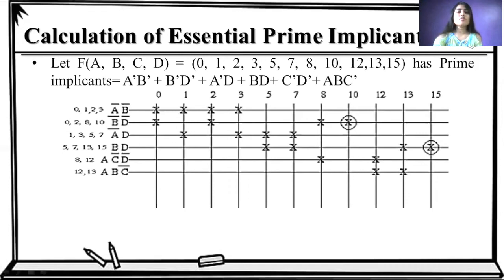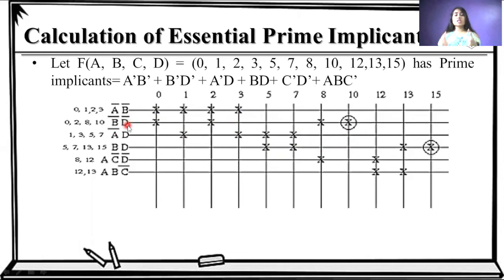Examine column wise; we have to identify the columns which have only one cross. Here most columns have two crosses. Here we have a one time cross, so mark it with a circle, and we have another one time cross. That means this B'D' is an essential prime implicant.